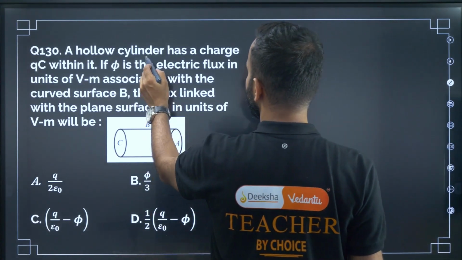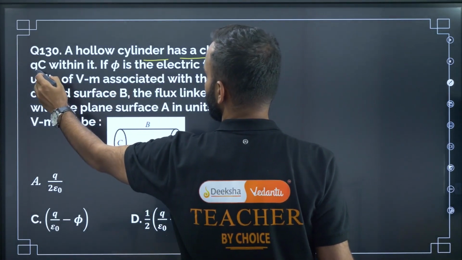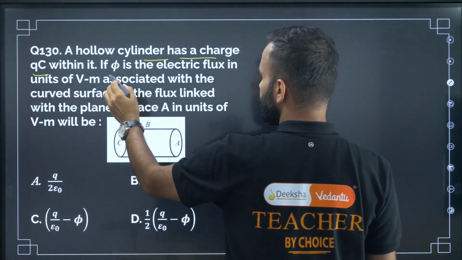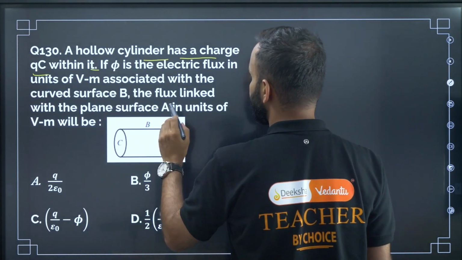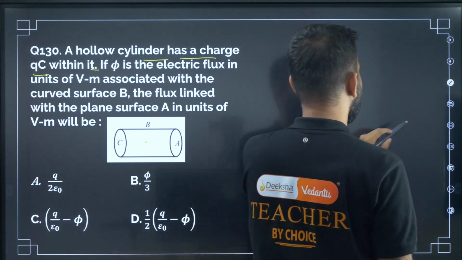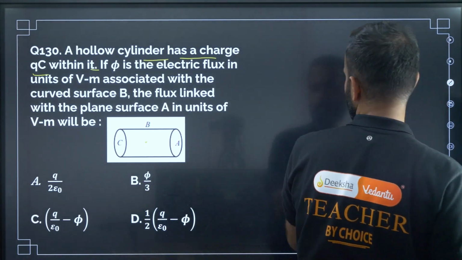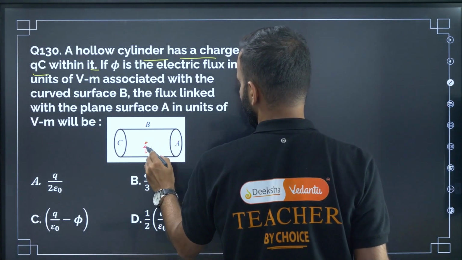A hollow cylinder has a charge Q coulomb within it. So this is the hollow cylinder, which has charge Q coulomb.